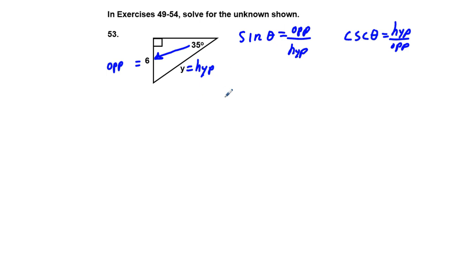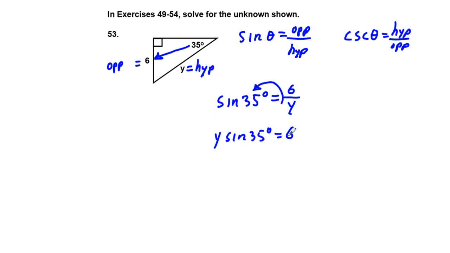So let's go ahead and do the sine of this thing. So sine of 35 degrees is equal to our opposite side, which is 6, over hypotenuse, which is y. Cross multiplying the y, we get y times sine of 35 degrees is equal to 6.